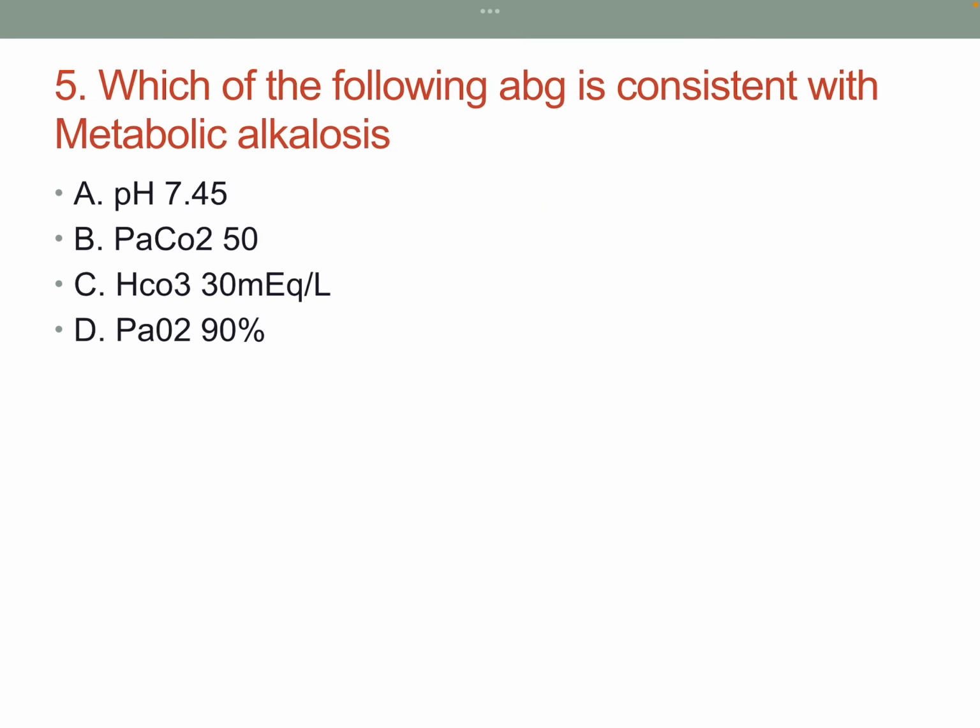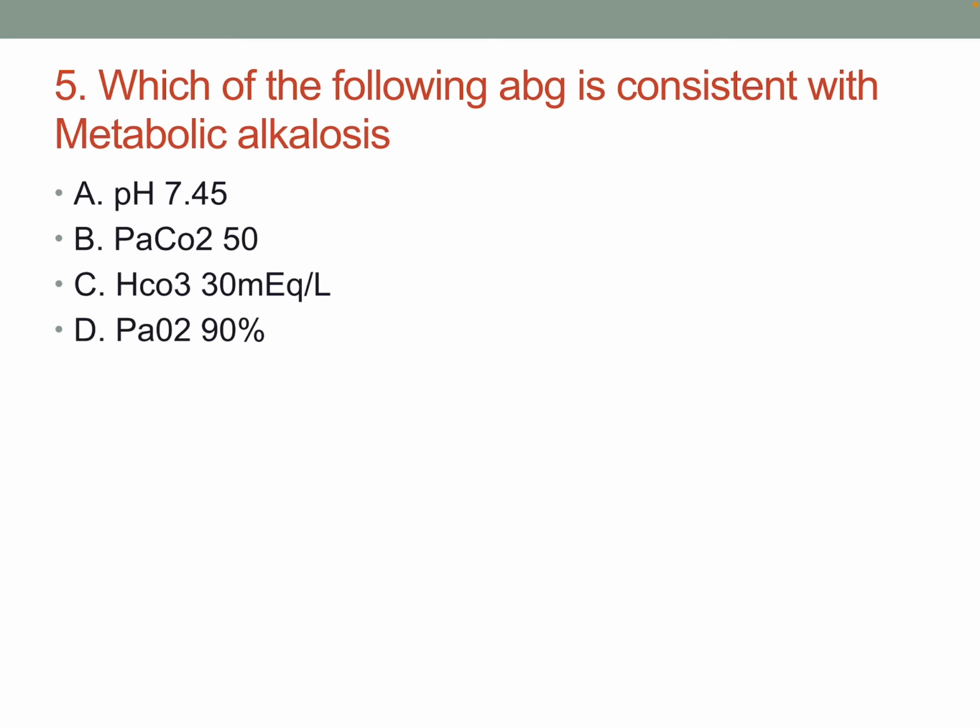Next. Which of the following ABG is consistent with metabolic alkalosis? You should know what metabolic and respiratory alkalosis and acidosis are. pH 7.45, PaCO2 50, HCO3, that means bicarbonate, 30 milliequivalent, PaO2 90%.